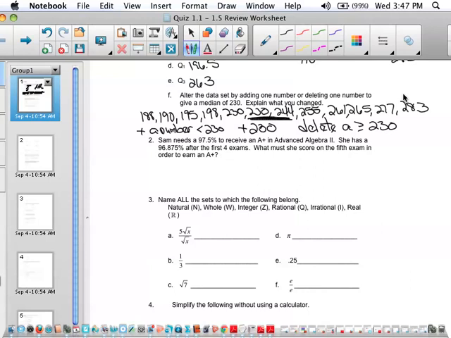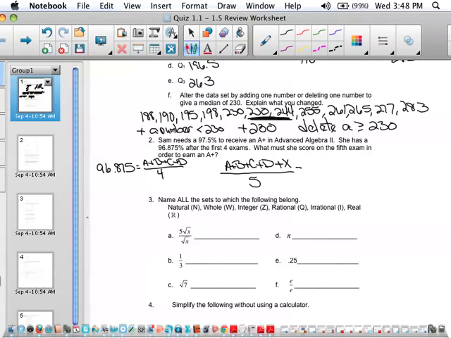So if you think about this, you need to be a little careful with this particular problem, because the 96.875 is actually the average of her first, second, third, and fourth tests. So if you're looking at finding the score for her 5th test, it actually looks like the first test plus the second plus the third plus the fourth plus what we're going to call the 5th, X, all over 5.